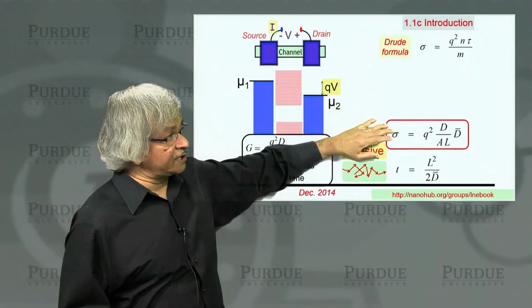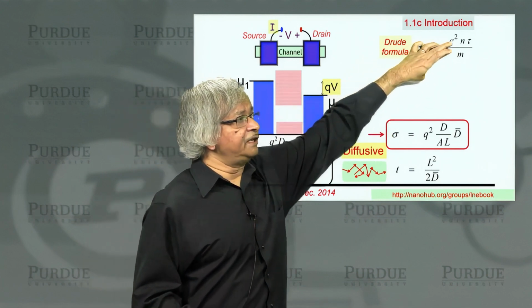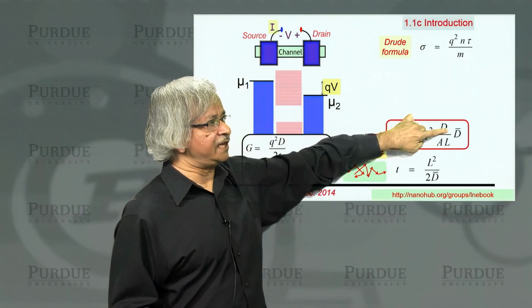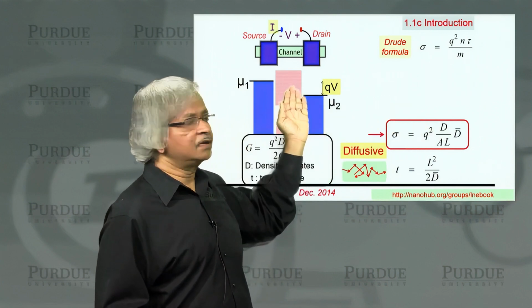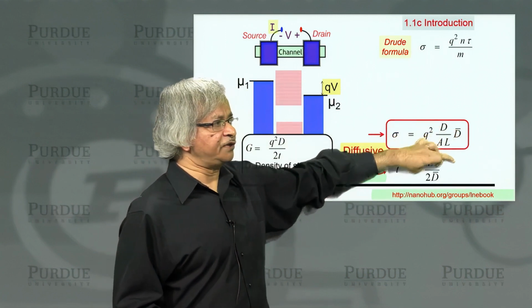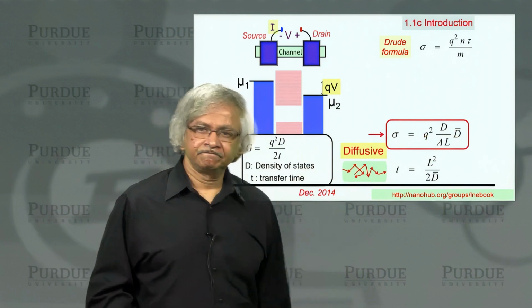Now, this is a different expression. It doesn't look like the Drude formula. Here you had free electron density, whereas here you have the density of states close to the Fermi energy, and something called the diffusion coefficient. So this is the expression that will come out naturally from here.